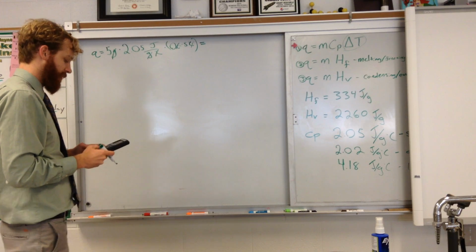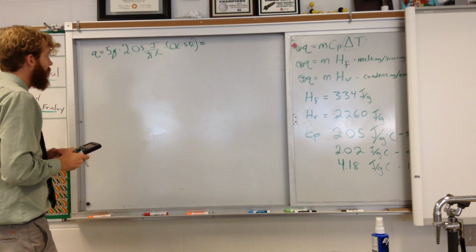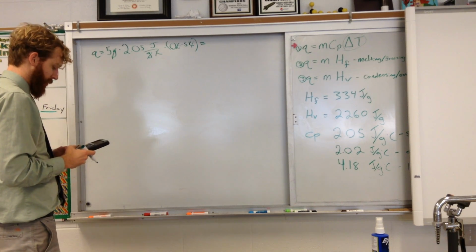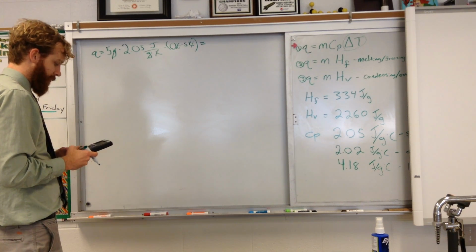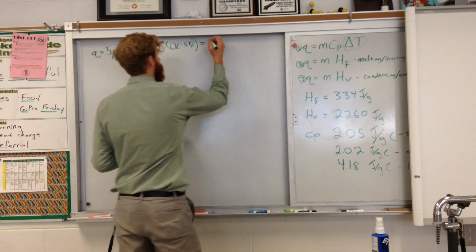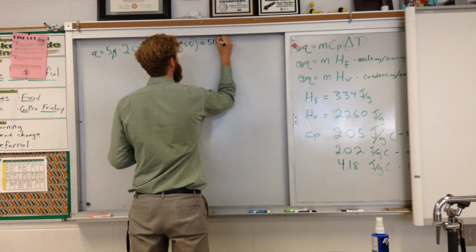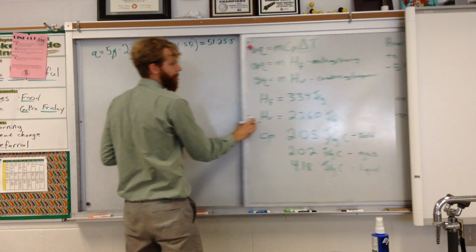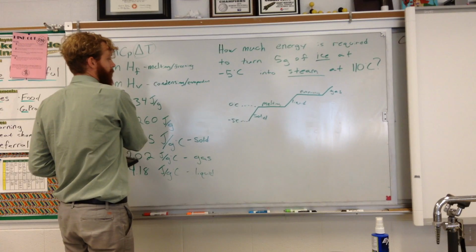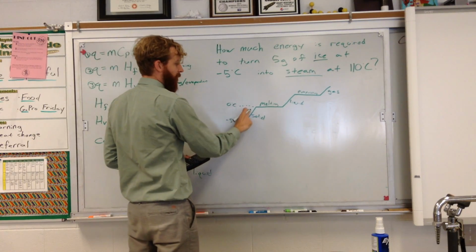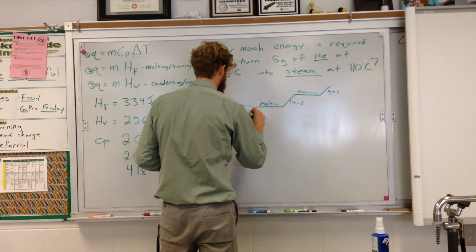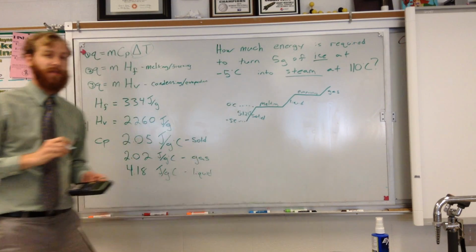So we do 5 times 2.05 times parentheses 0 minus negative 5. And we get 51.25 joules. So, come back here. The amount of energy right here was 51.25 joules.